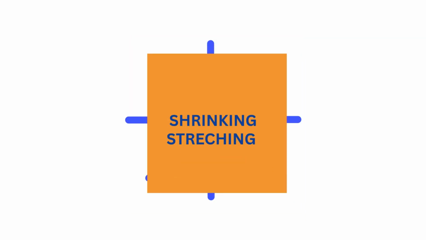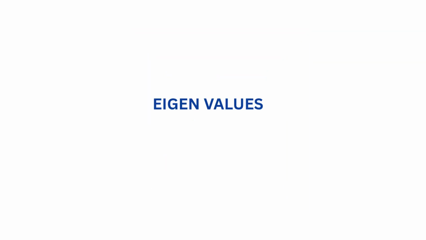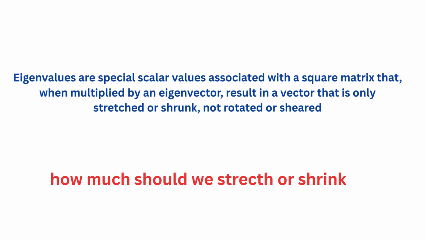Now we know what eigenvectors are. Now what are eigenvalues? They tell you how much the vector is stretched, so basically how much you should stretch or compress.